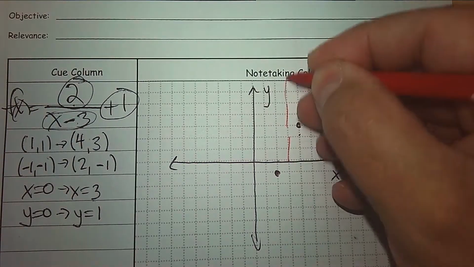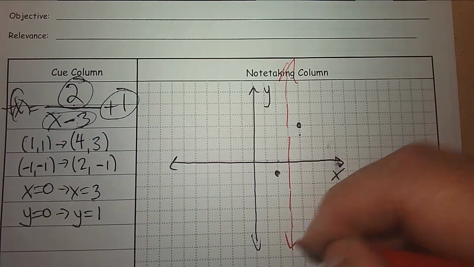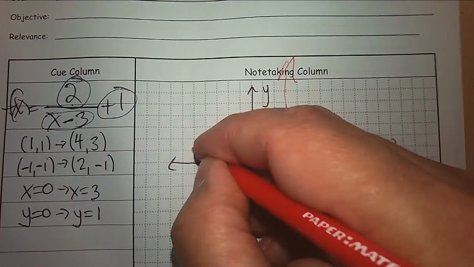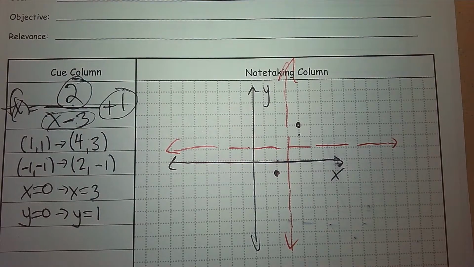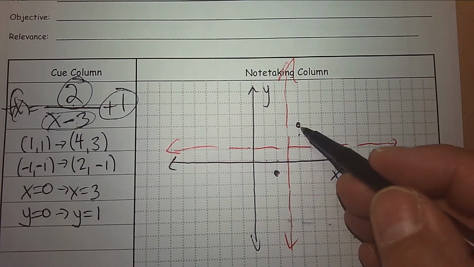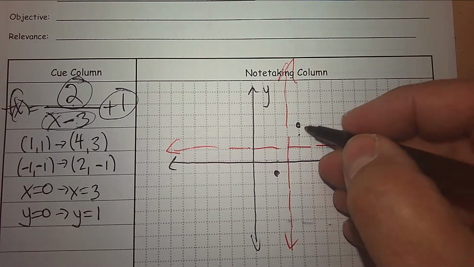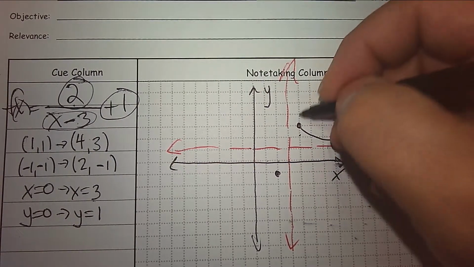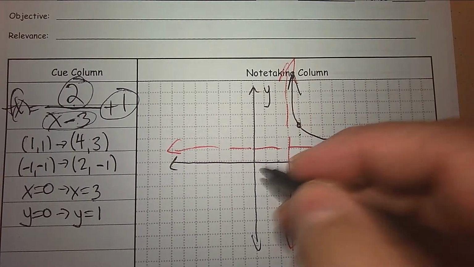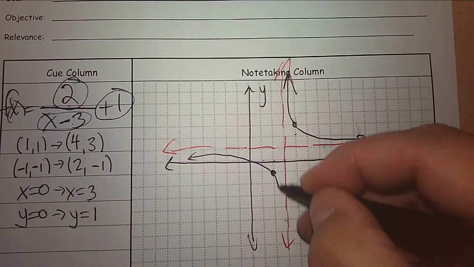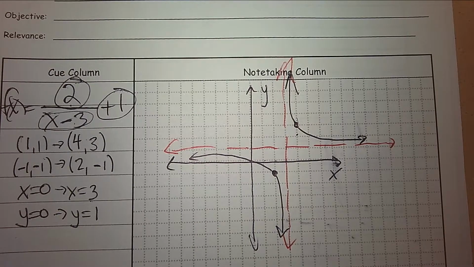We have an asymptote at 3 and another one at 1. And then we have a point already on both sides. So what's the behavior then? How do I curve through it? So the end behavior and then the vertical asymptote. The end behavior and the vertical asymptote, and you've graphed it.